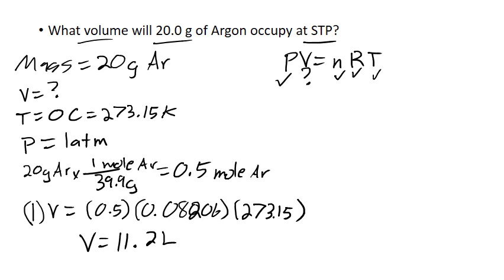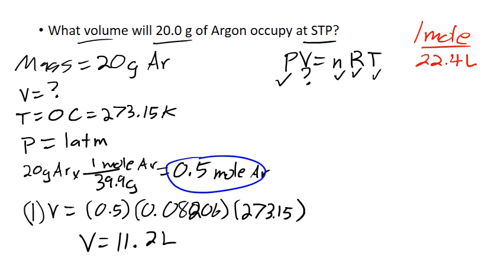It takes advantage of a conversion from previous slides. If you go back to the very first slide we started out with, that conversion factor is: for every 1 mole of anything at all, you have 22.4 liters of that substance. So using that, we can convert the moles right into liters.